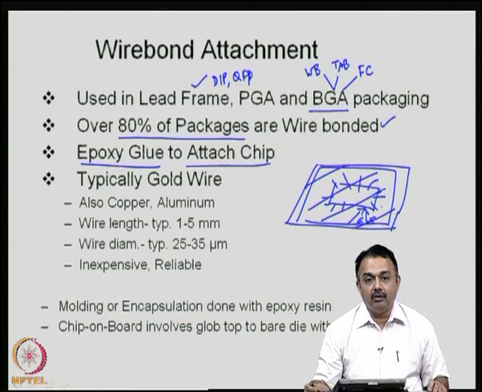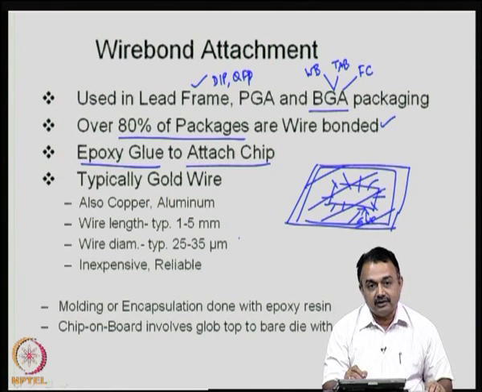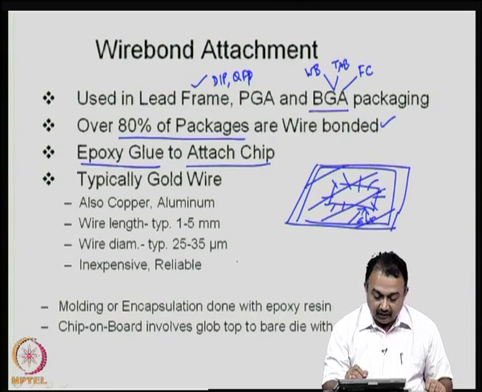So, typically gold wire is used, also copper and aluminum are used today. Wire length typically is 1 to 5 mm, wire diameter is typically 25 to 35 microns. It depends on the spacing available for you to do that.